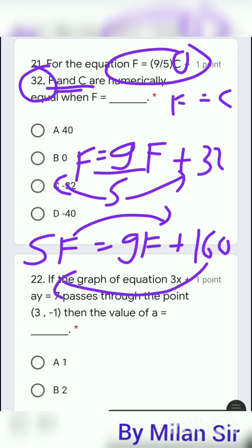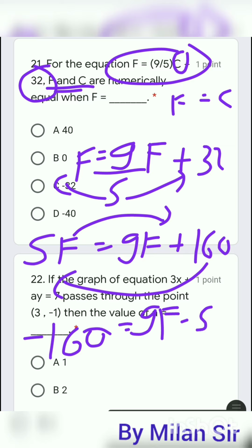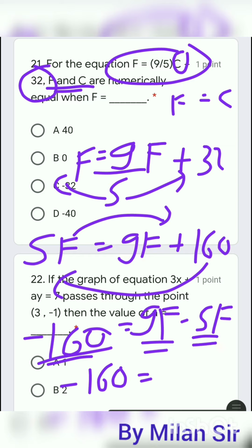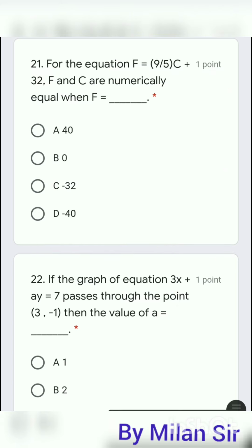So plus 160, if we transfer it to the left hand side, becomes negative. Here we have 9F, and if we transfer this 5F to the right hand side, it becomes negative. So here -160 = 9F - 5F. 9F - 5F is 4F, right? So 4F = -160.